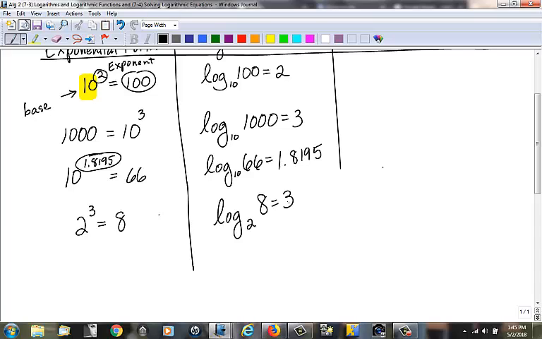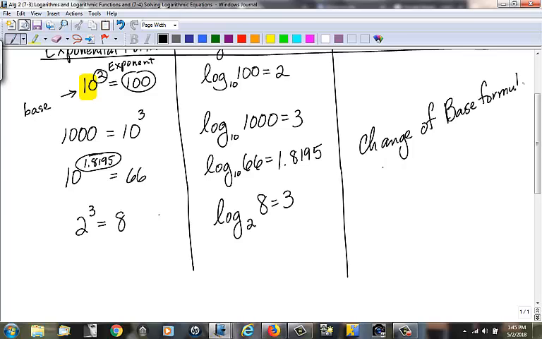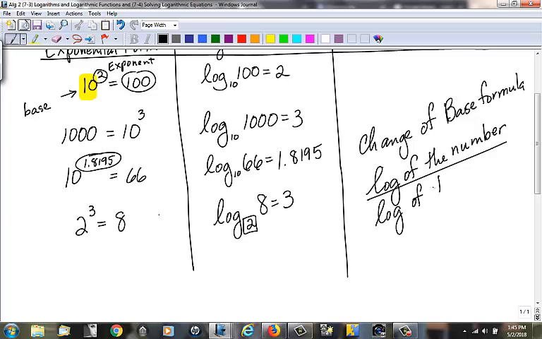So there are a couple of ways to get this to work. There's what they call a change of base formula. And I think it's critical that you know this. The change of base formula says if it's not base 10, then you do the log of the number divided by the log of the base.